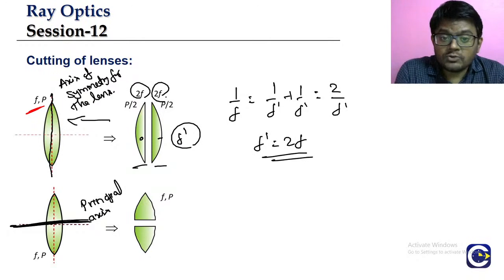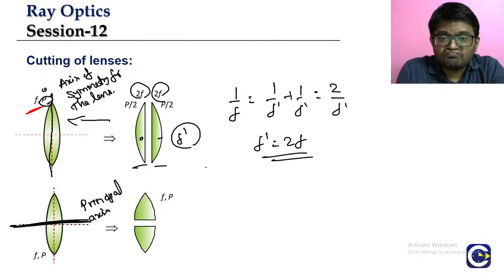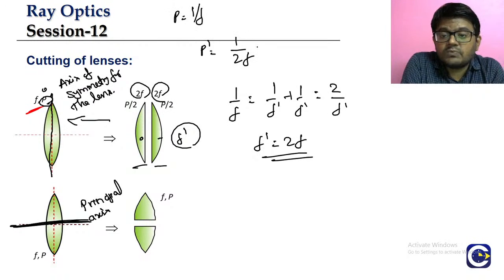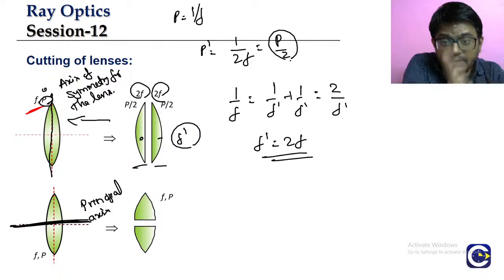If they have focal length 2f, and the original lens power is P, now P dash is 1 by 2f. P is 1 by f, P dash is 1 by 2f, means P dash is equal to P by 2. The corresponding power will be half the power.